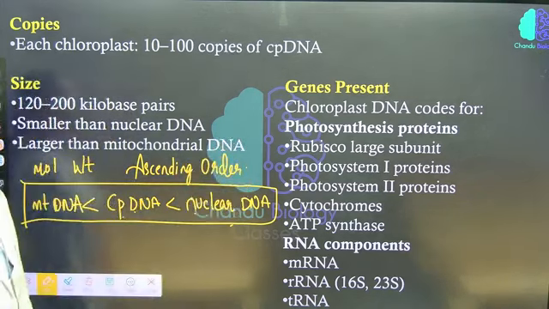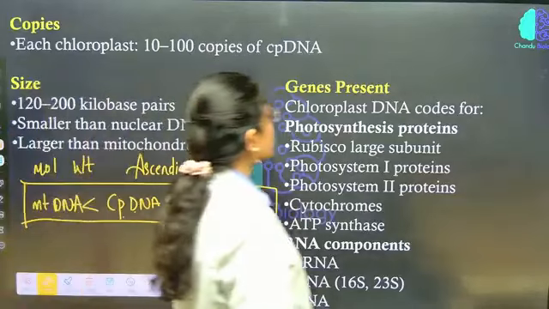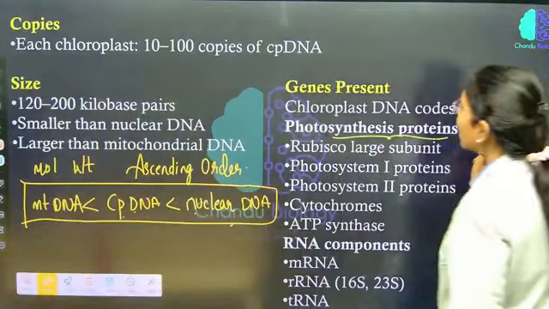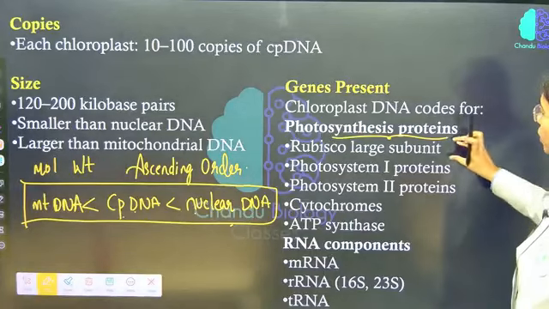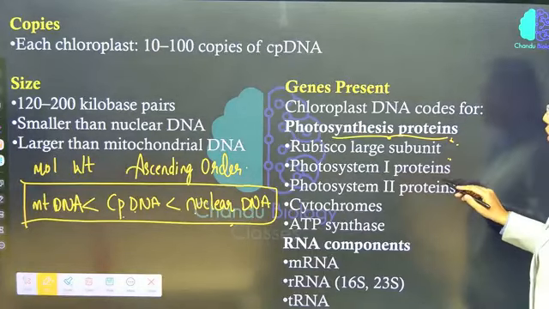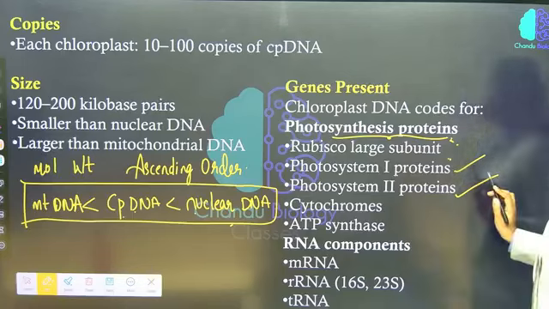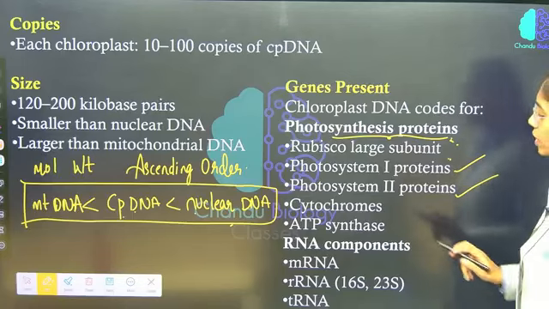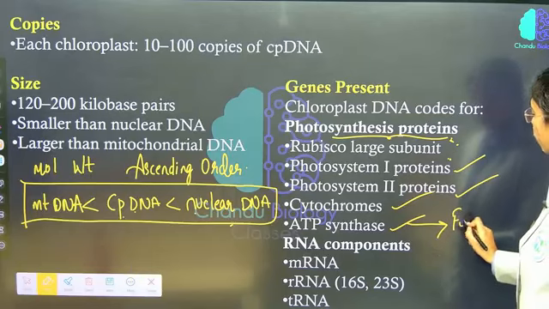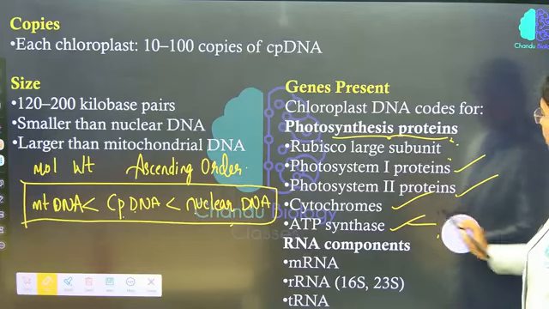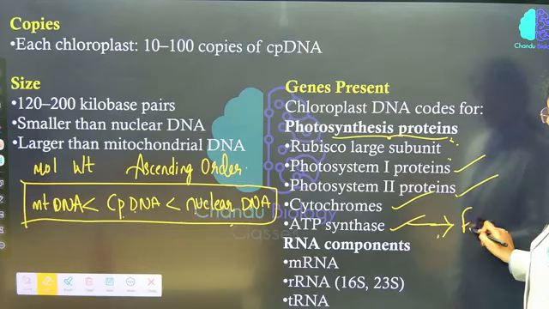Fine, right? Next, the genes present in chloroplast DNA code for photosynthetic proteins, where the Rubisco large subunit is synthesized. Photosystem 1 proteins and photosystem 2 proteins are synthesized by chloroplast DNA only. Cytochromes and ATP synthase, that is the F0, F1 channel, are synthesized by chloroplast DNA itself.